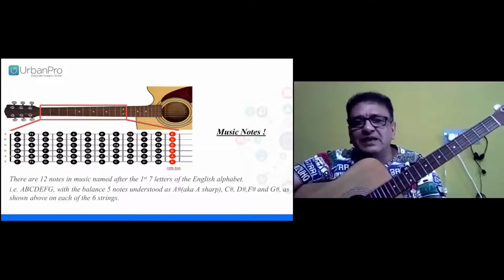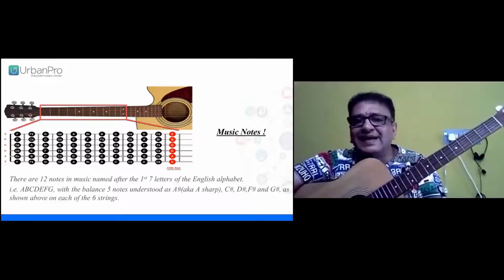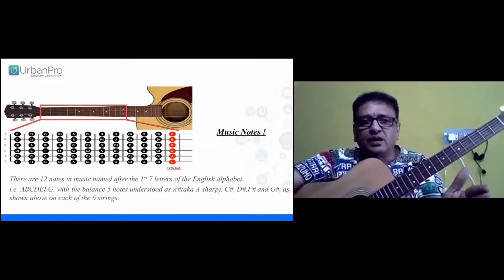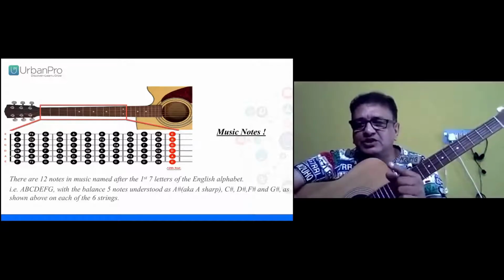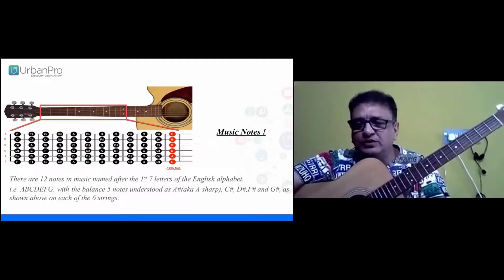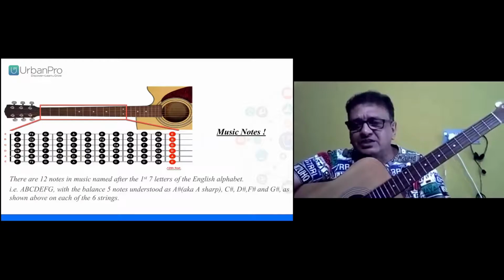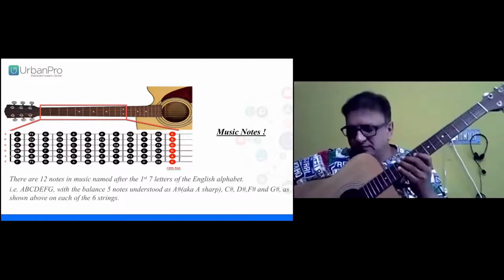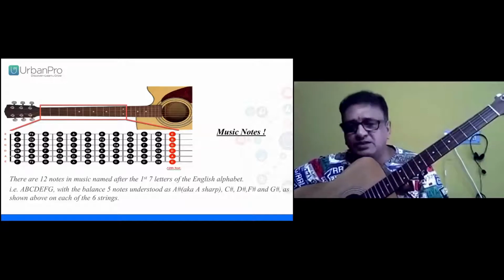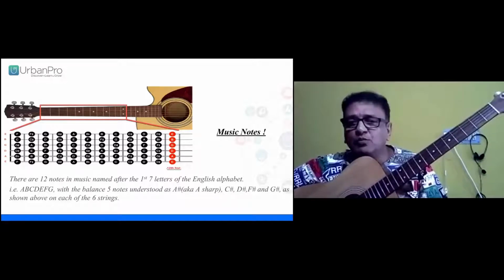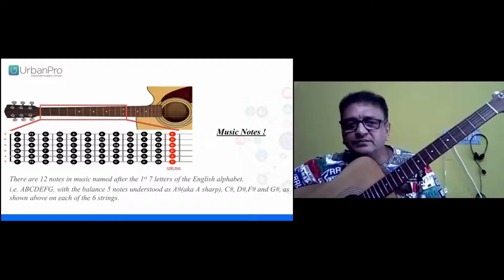So for an example, let's start with the A string. Okay, so if you look at it on either side, you can see E, A, D, G, B, E vertically shown there. So the A string is what I want you to look at in particular. And here on my screen, I'm going to sound out the A string.